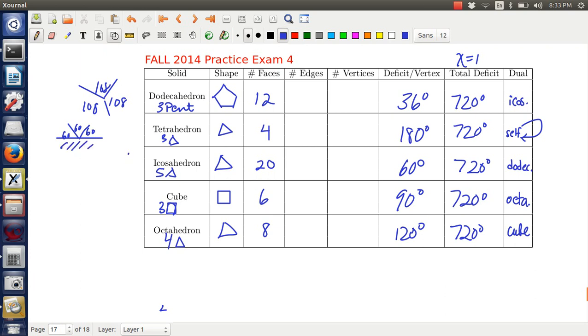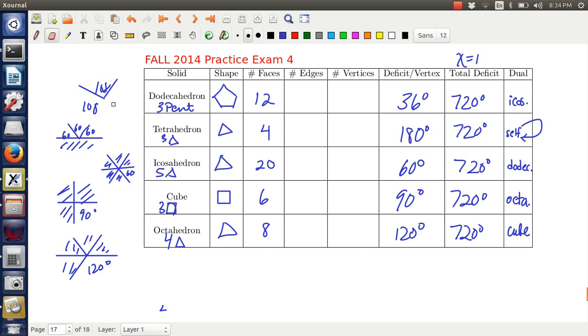The icosahedron has this kind of shape to it, right? 5 of these guys are there, and then there's a 60 degree angle deficit. The cube, you can just draw it kind of like this. This is what its vertex looks like. 90 degrees is missing. And the octahedron looks like this. 120 degrees is missing.